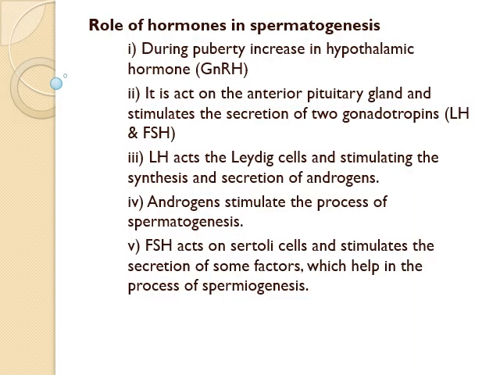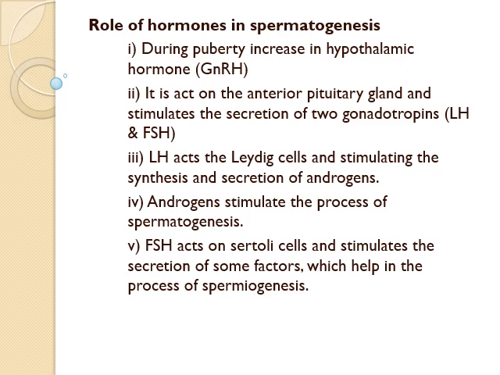Let's see the role of hormones in spermatogenesis. At puberty, in males, the hypothalamus, one of the endocrine glands, starts secreting gonadotropin releasing hormone. This hormone acts on the anterior pituitary gland and stimulates it to secrete gonadotropins.